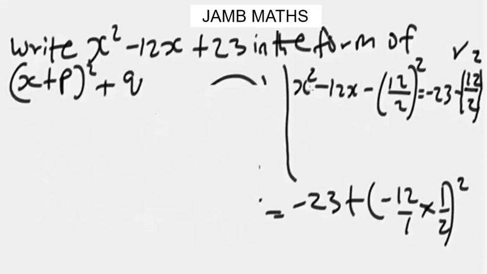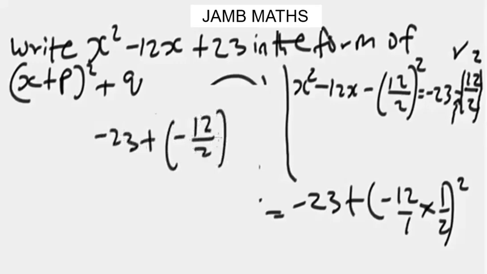Okay, so when you simplify what you have at the right, remember, this minus here is inside this bracket. So that thing should have been minus 23 plus (minus 12 over 2) squared. But we have plus times minus, which gives us minus. So the minus is for the values inside the bracket. So in order not to be confused, write it like this.